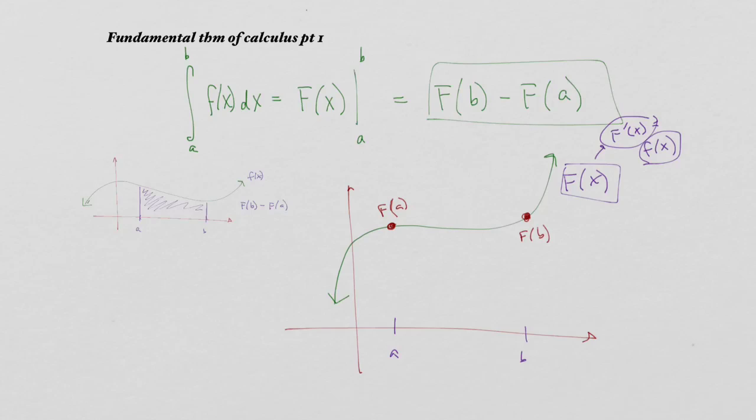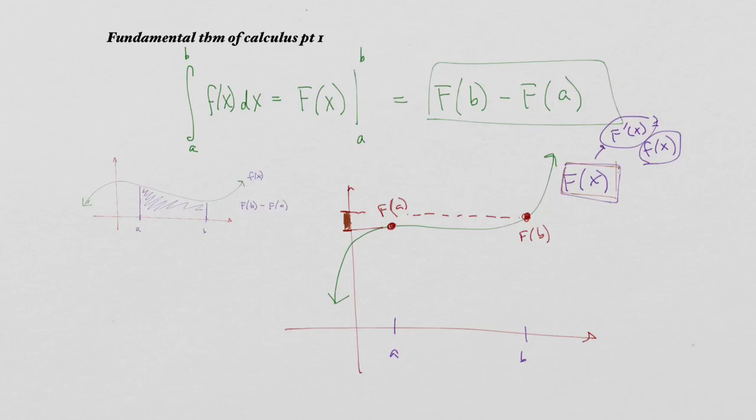Remember that these are output values, these are y values, so if I trace this over to my y-axis and trace this over to my y-axis, this distance right here is what F of b minus F of a is on the graph of the antiderivative of little f of x, or in other words, big F of x.